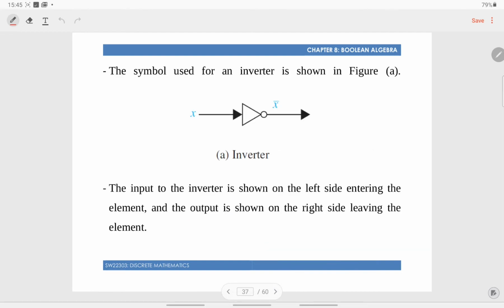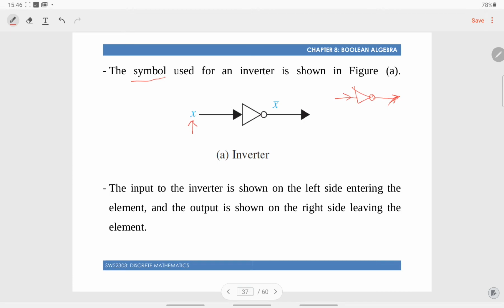So this is the symbol that we use to represent the inverter. We have the input X, a single input, and an arrow showing the direction. We have this triangle and a small circle. In the exam, make sure you provide the correct symbol: the triangle, the circle, and the arrow, and which direction it goes is important. You need to provide the complete symbol for the inverter.